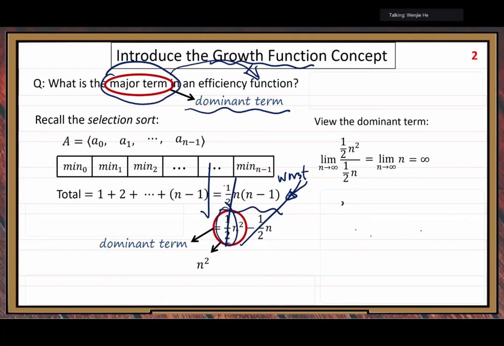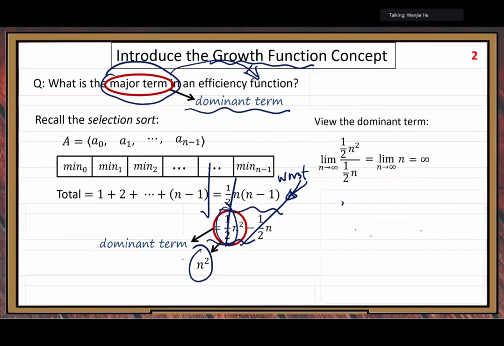Why can you do that? Remember, we want to define categories, right? When we define categories, we put this function in the category represented by n squared. How about that?